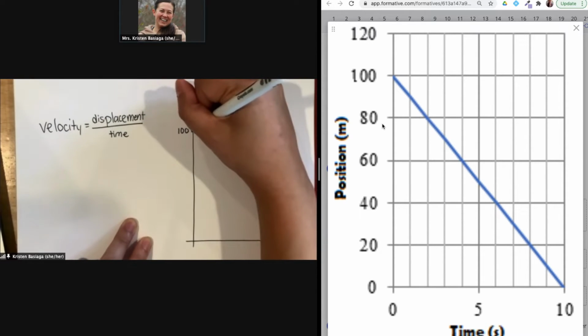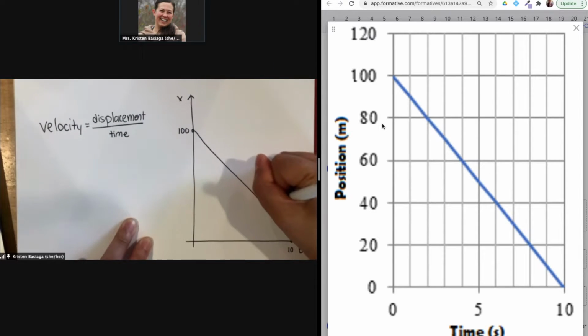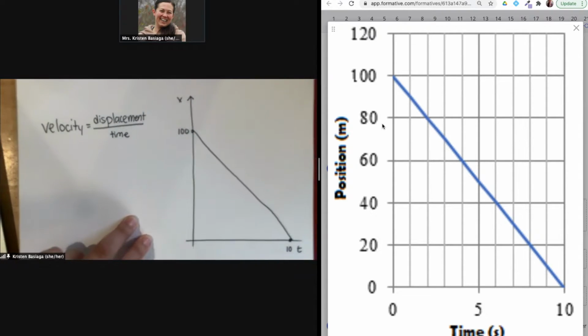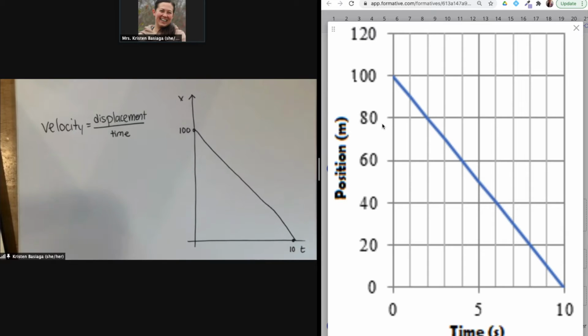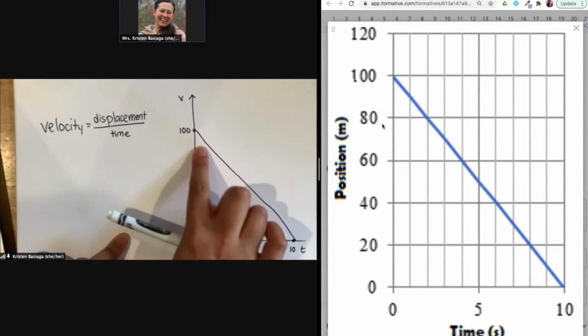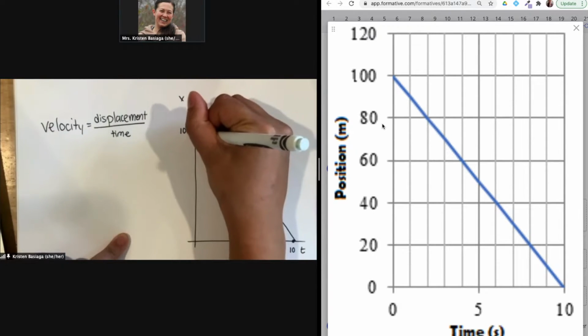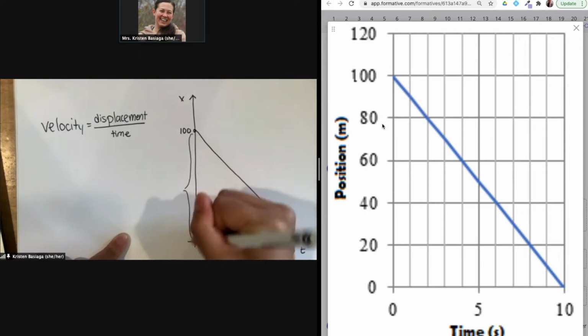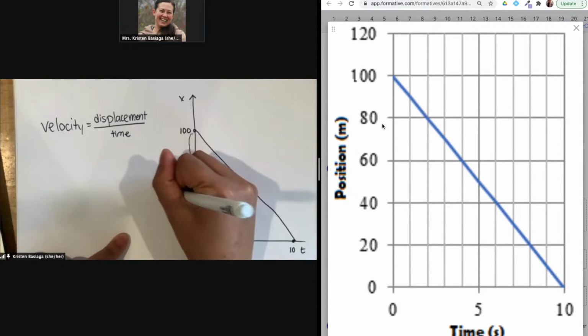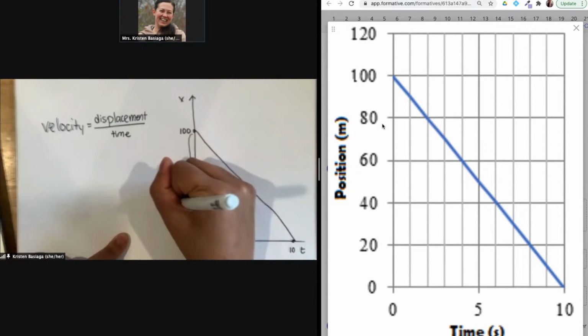The displacement in my graph is how much my object has traveled, but taking into account the negative signs. This object travels 100 meters backward. Notice that the difference in the y direction, it goes from 100 to 0. It goes 100 meters back.